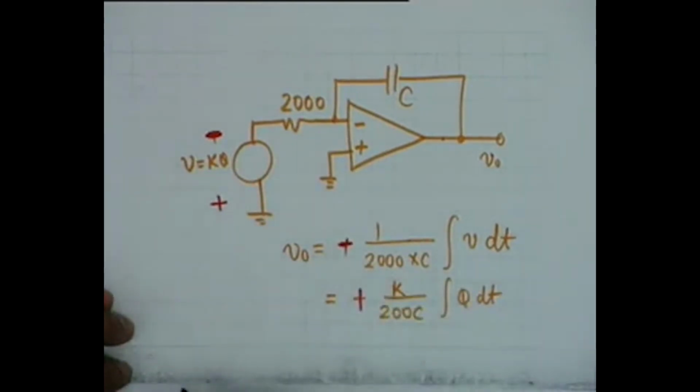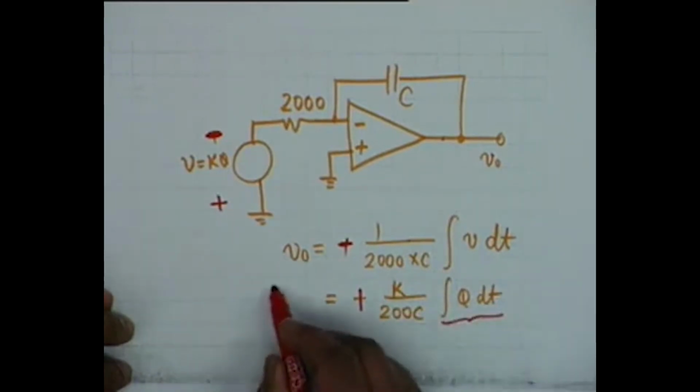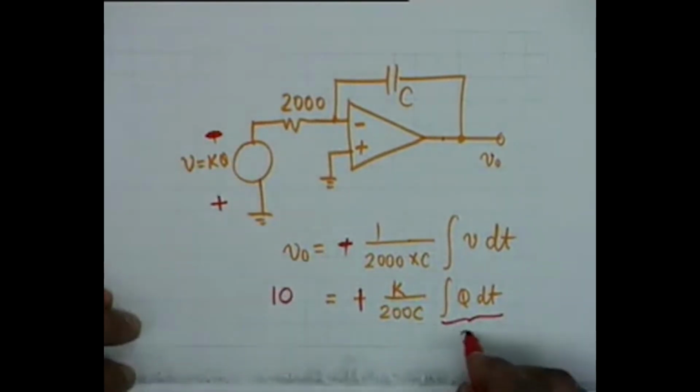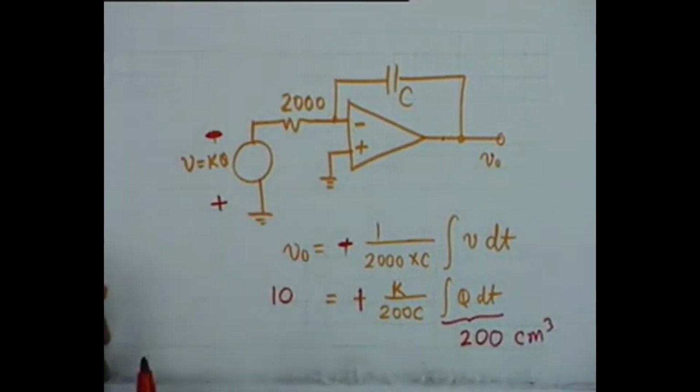Is that okay? Yes. And integral q dt, what is given is that V0 should be equal to plus 10 volts when integral q dt, that is the total flow, is 200 centimeter cube. Therefore, all that is required is to find the value of C, the capacitance.